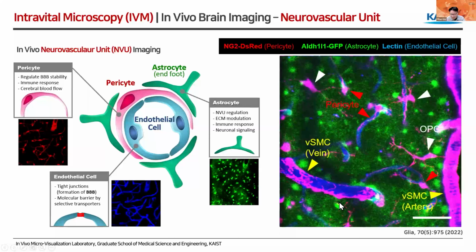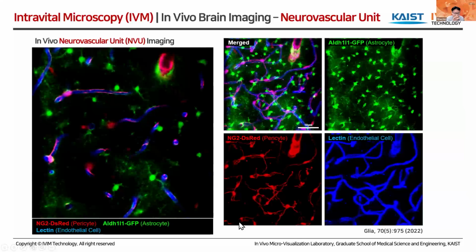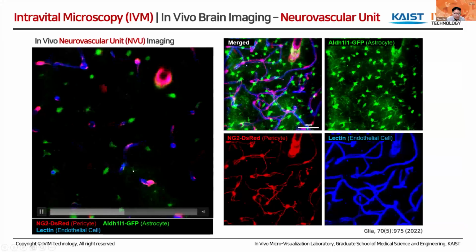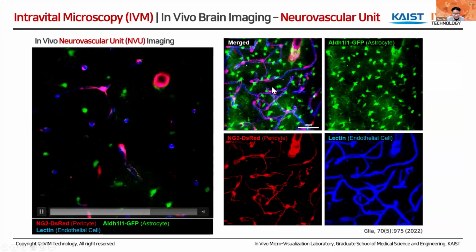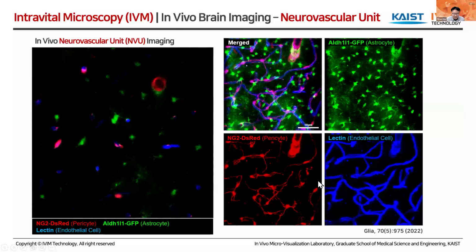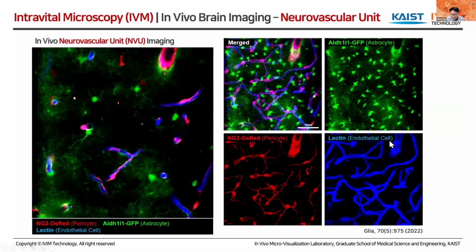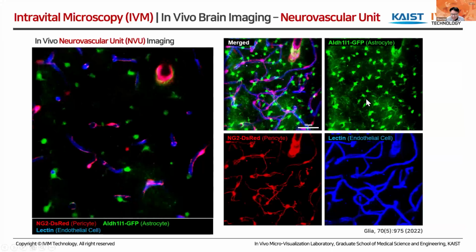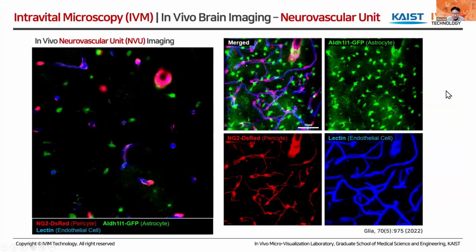So we can image all these three cells, the pericyte, endothelial cell, and astrocyte, consisting the neurovascular unit in a live mouse model. Again, this is just 3D z-stack image data we obtained from the live mouse model, and this is the maximum intensity projection. Again, you can nicely see the endothelial cells, the pericytes, and the astrocytes, as you can see in here.